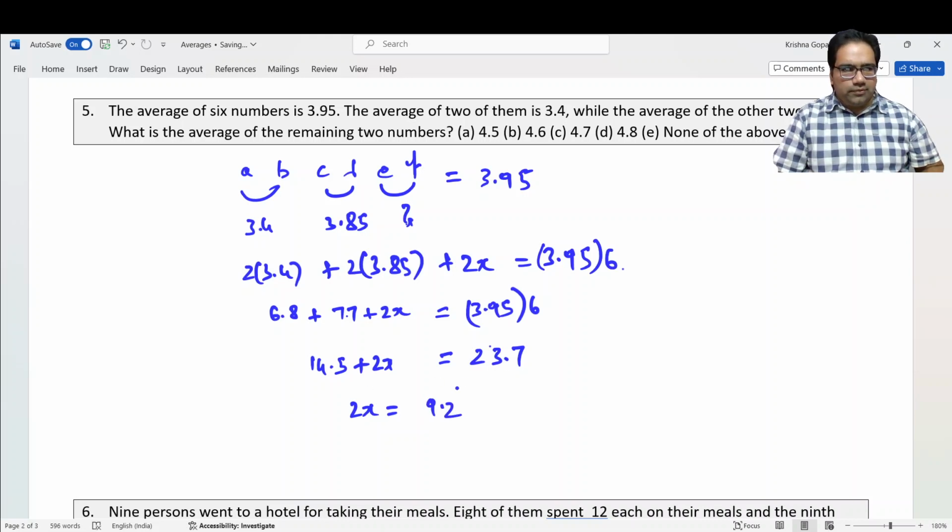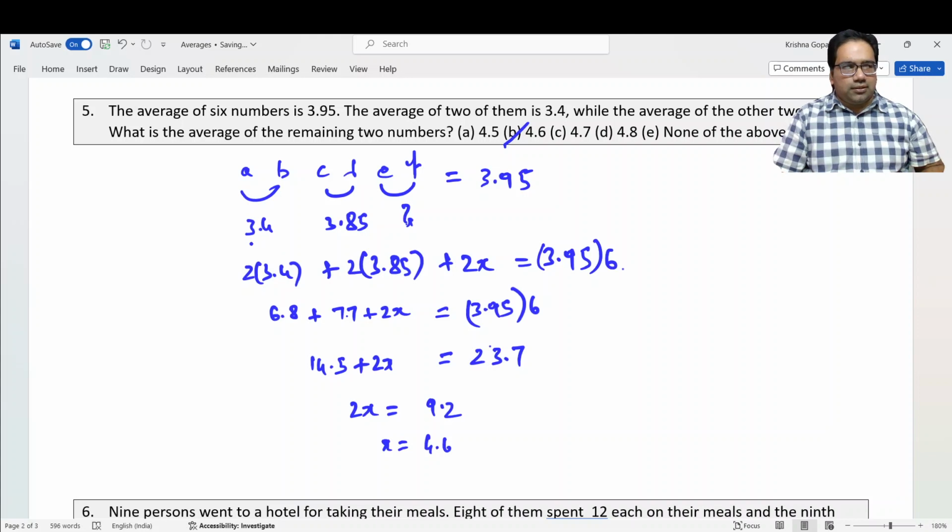So x is equal to 9.2 by 2, which is 4.6. 4.6 is the correct answer. x equals 4.6, so 2x is equal to 9.2.